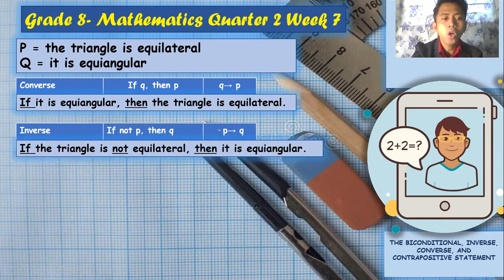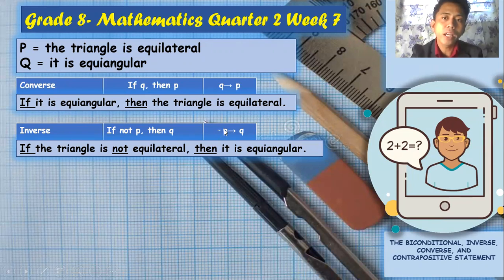So next, let's have the inverse. Under inverse, the condition is if not P, then not Q. I will repeat, if not P, then not Q. And the symbol is this, the laying down S, or nakahigang S in Tagalog. We read this symbol as negate or negation.